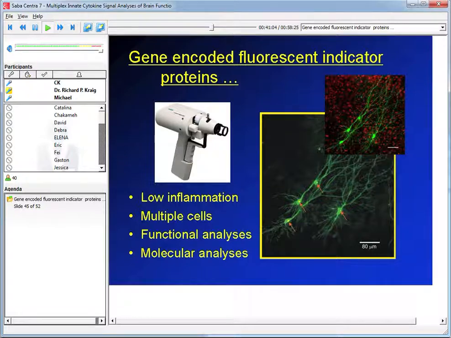And the last sort of thing I want to remind you of is that, especially in the dish, there are now multiplexed ways to go after functional imaging. This is Bio-Rad's gene gun. So far, although we've had some issues with inflammation, it's clearly capable of generating multiple GFP stained cells.